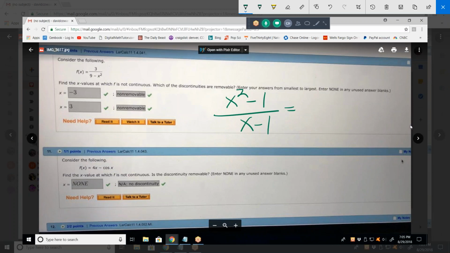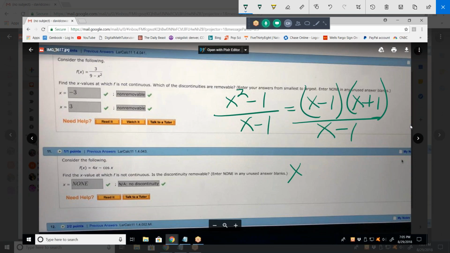because that becomes x minus 1 and x plus 1. Oh, right, the x minus 1's cancel out, but there's still a hole at x equals 1. In other words, just because we factored and canceled it doesn't change the fact that x can never be equal to 1.